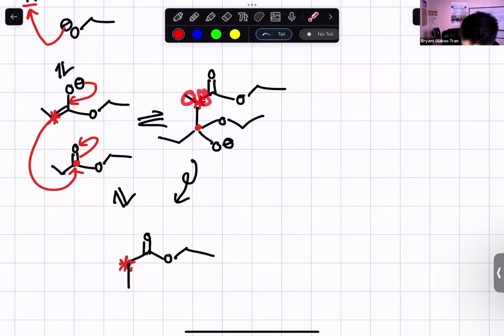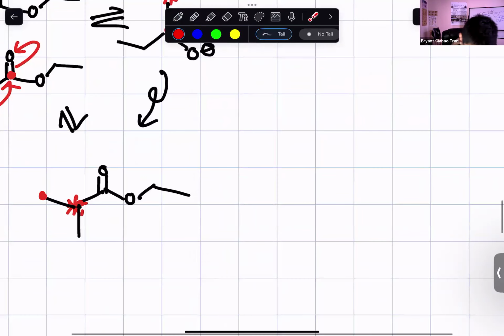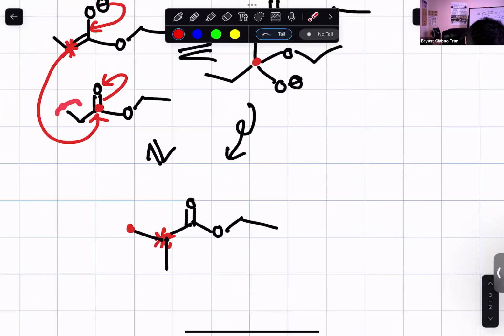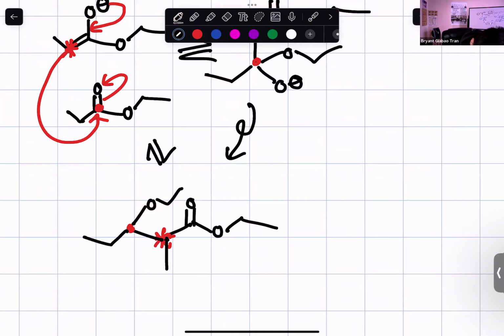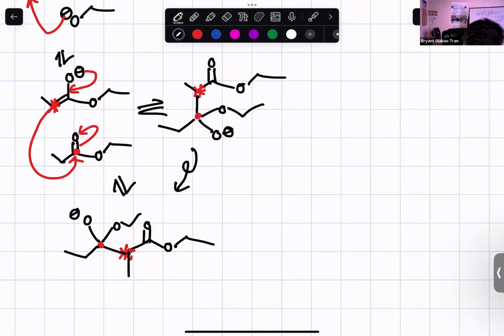I'm just gonna push that single bond go down and make the new bond between the star and dot going in a zigzag form like that, to keep that zigzag form in the main chain, right? And then that dot right here is attached to an ethyl group, which is this ethyl group right here. And I'm gonna draw that ethyl group right here, 1, 2, which is attached to an OR group and an O minus group right here. Does that make sense so far?